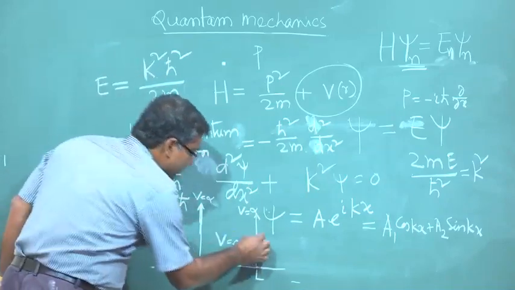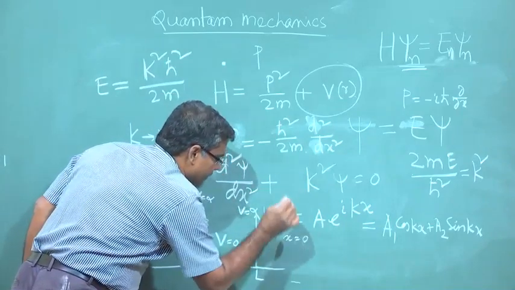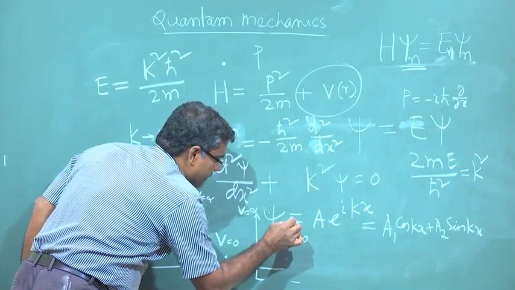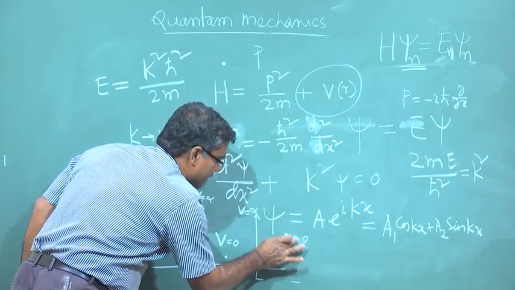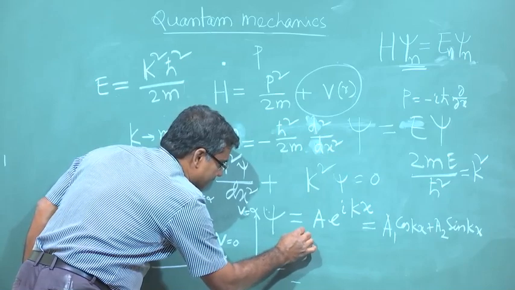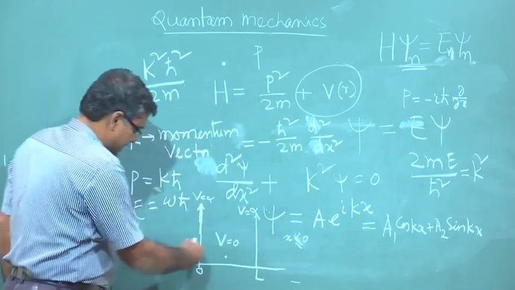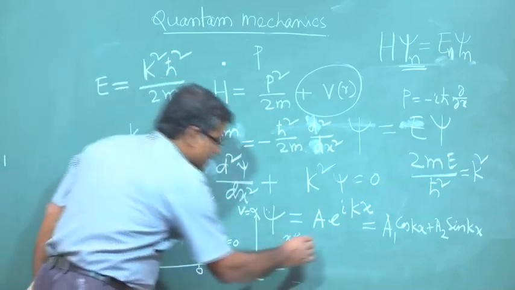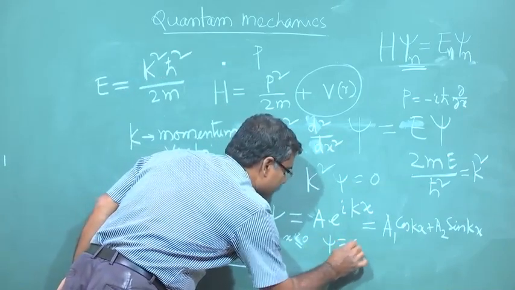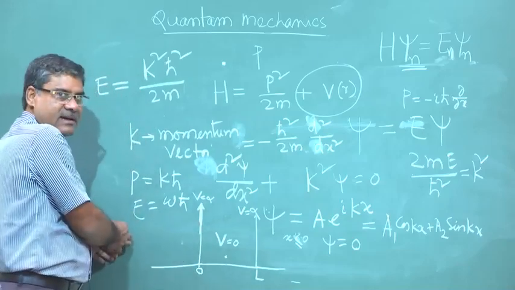So the condition is that when x is less than or equal to 0, that means on this side, psi has to be 0, because there is no existence of the particle on this side.